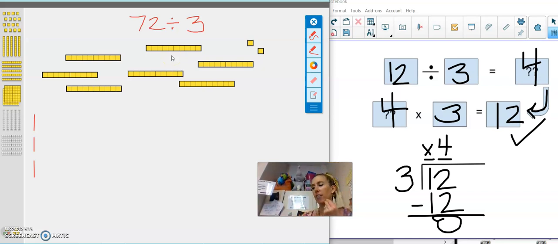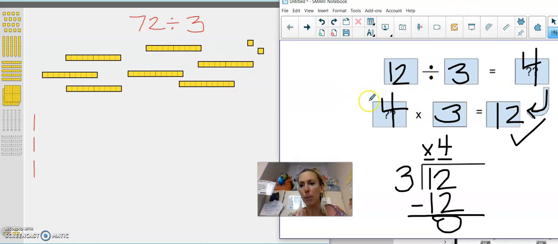Let's say we have 72 people that are splitting up into groups of 3. How many groups of 3 are we going to be able to do out of 72 people? It's going to be a lot.